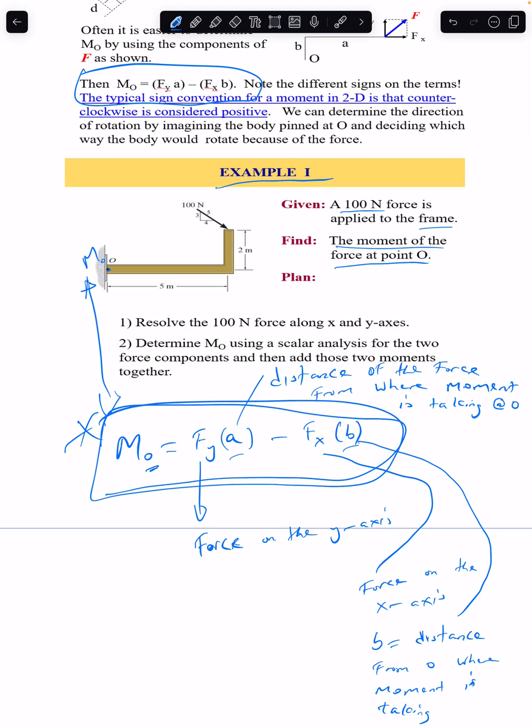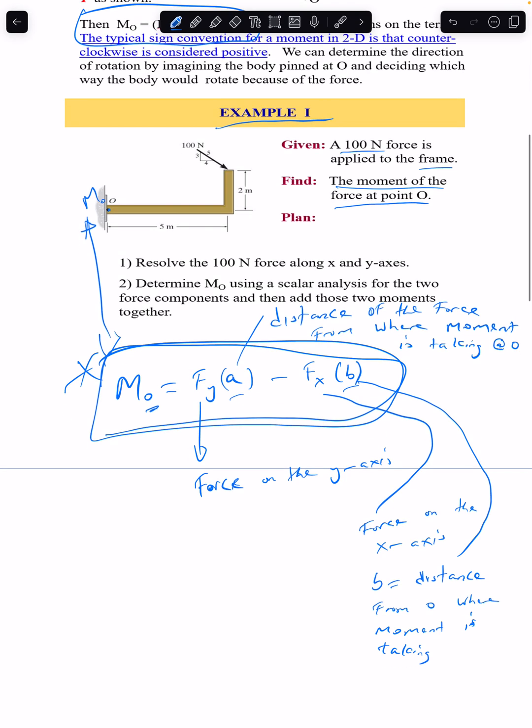So, solution: we know that the forces that go upward are positive, and if the forces that go upward are positive, the forces that come downward should be negative.